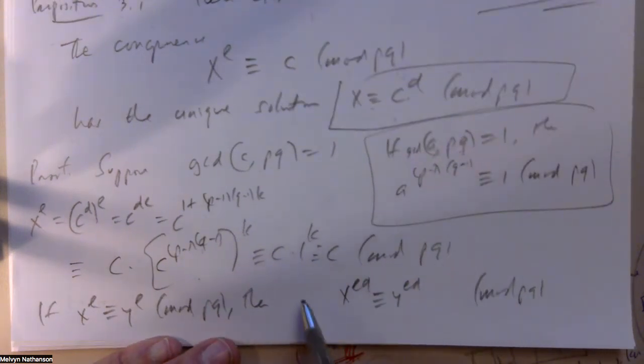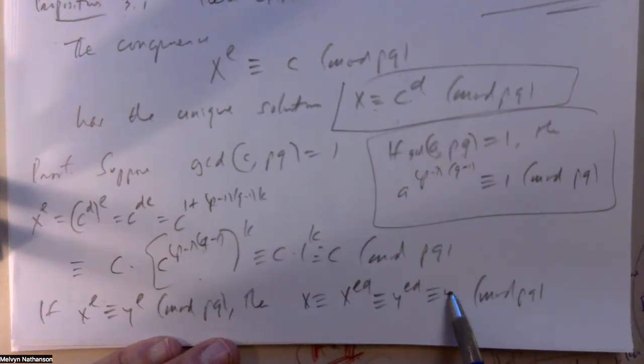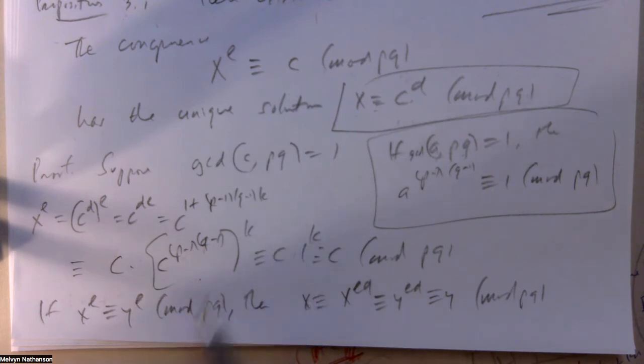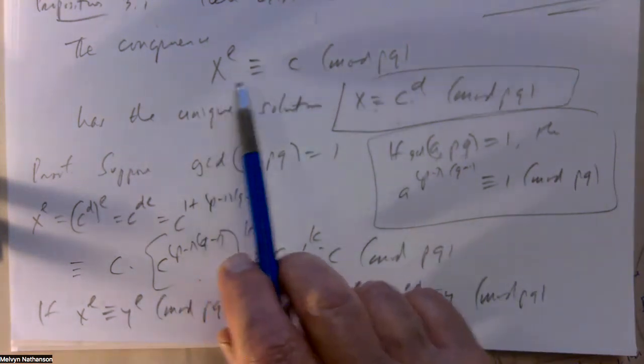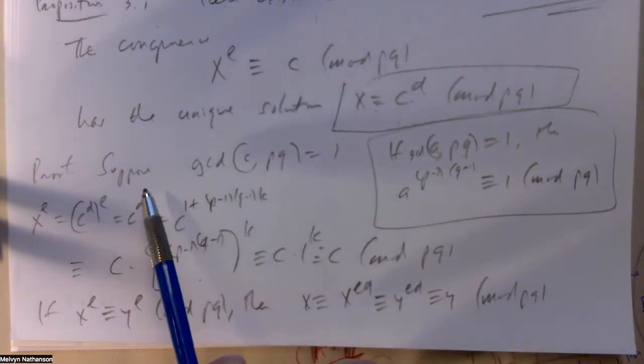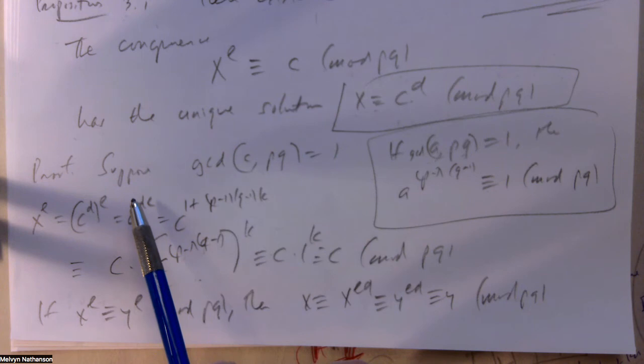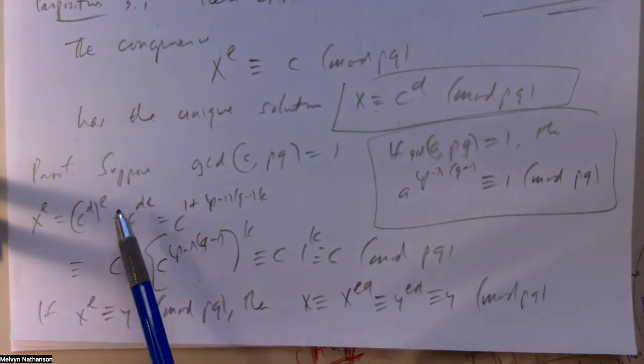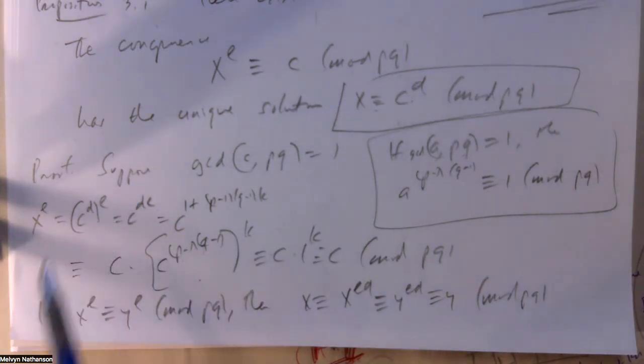But again, by the same argument, this is x and this is y. So it looks like it's easy to find the eth root of c mod pq, even though I started off by saying this is the basis of the crypto system that no one can break.